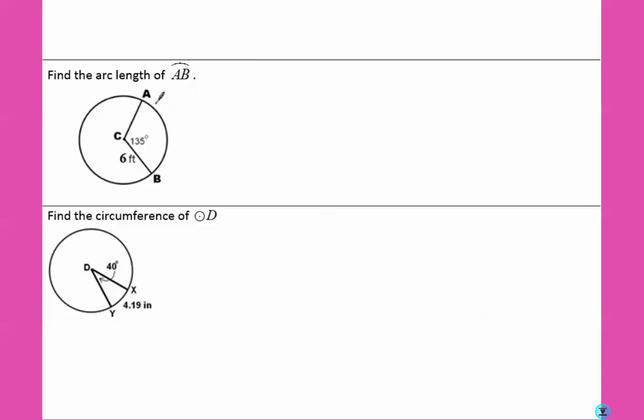Let's do some arc length problems. So find the arc length of AB. Our formula we said was the circumference, so 2 pi r times the degrees over 360. So 2 pi, our radius is 6, and our degrees for this arc is 135 degrees.